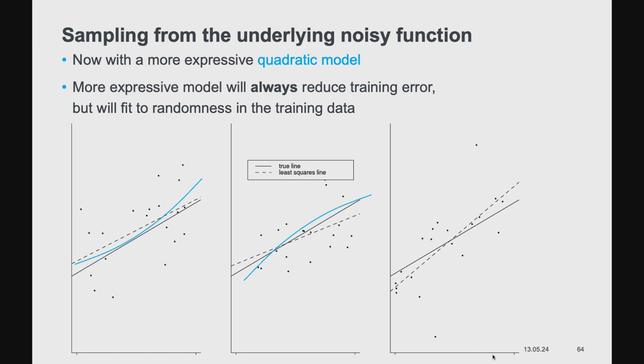Now, which model will be better, the blue one or the dashed one? What do you think? Which one will produce a better performance? The dashed one will produce a better performance, and why?